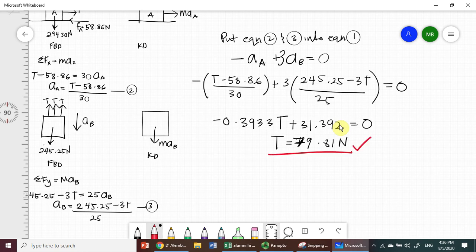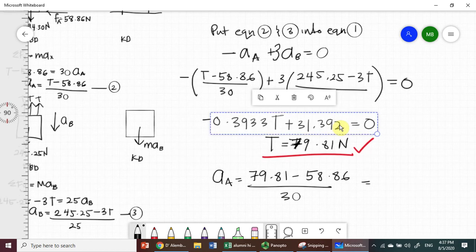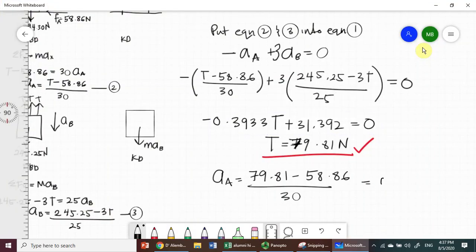Yay! So we have got this answer. Now we need to find the acceleration for each block. That will be easy. All you need to do is replace T with 79.81 in (79.81 minus 58.86) divided by 30. You will get 0.698 meters per second squared.